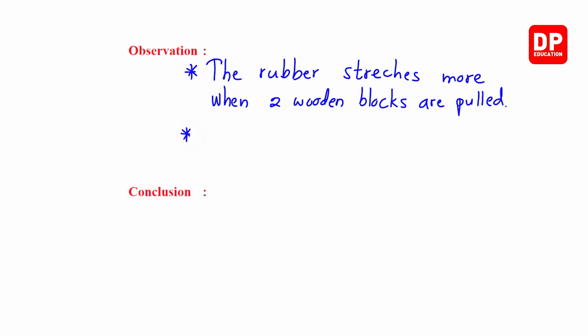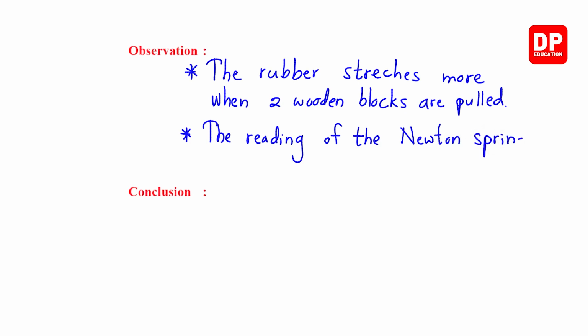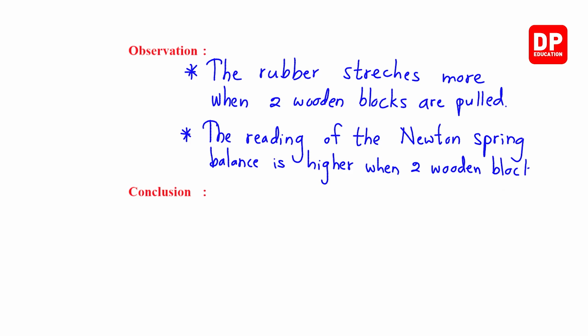Right, in the second instance, the reading of the Newton spring balance is higher when two wooden blocks are pulled.